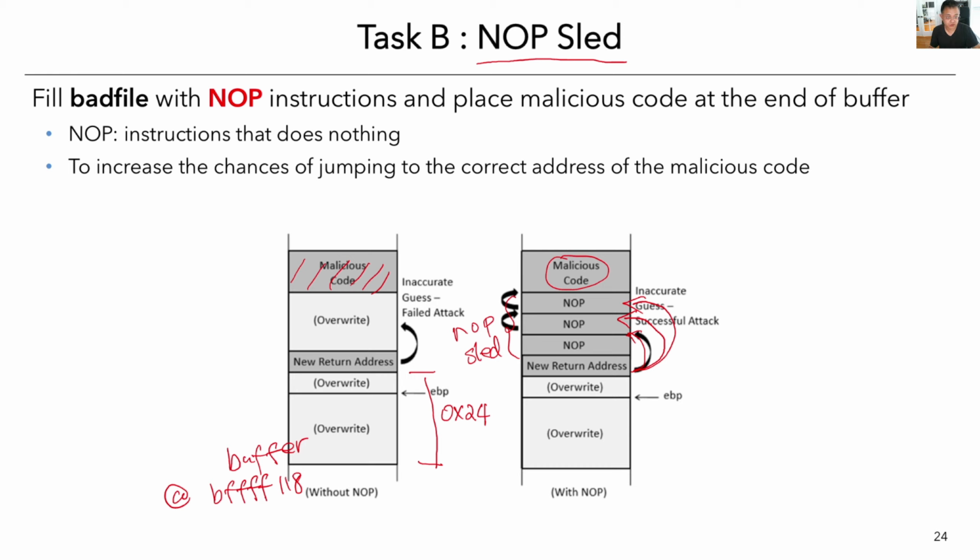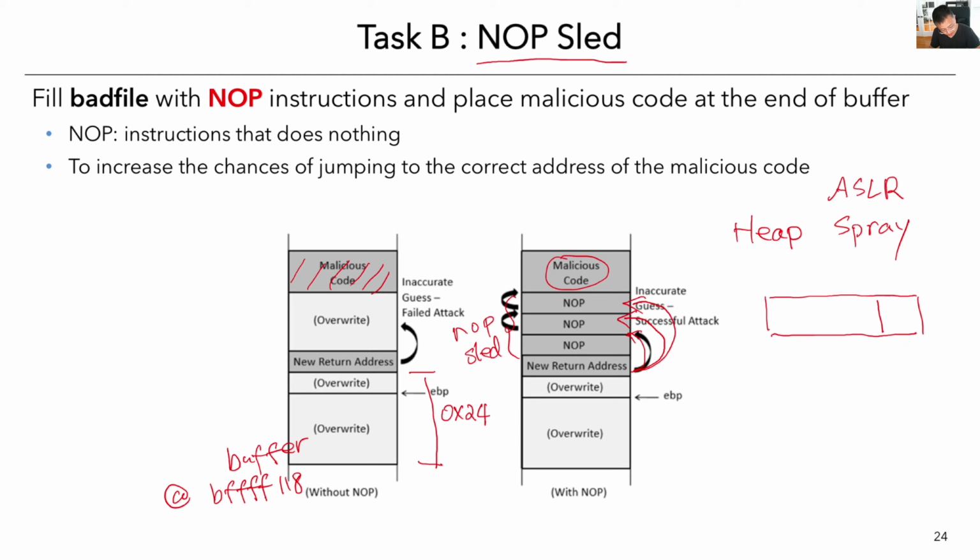This could be very useful in some cases, for example, to defeat address space layout randomization. This is especially popular in an attack technique called a heap spray attack. In the heap spray attack, you spray the heap, or you allocate a lot of copies of memory, and in each memory, you put a piece of malicious code.